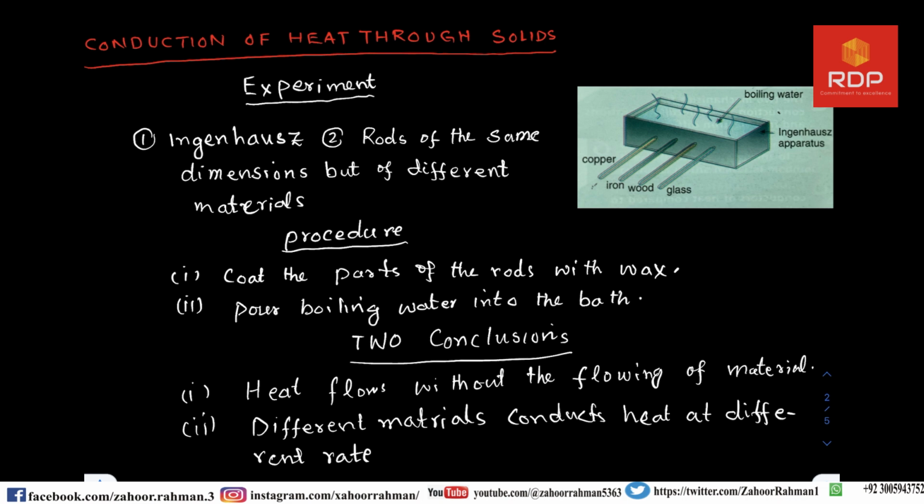In general, metals such as copper, silver, steel, and iron are good conductors of heat, while many other materials such as glass, plastic, wood, brick, wool, and in the case of gases such as air, and in the case of liquids such as water, are poor conductors of heat.